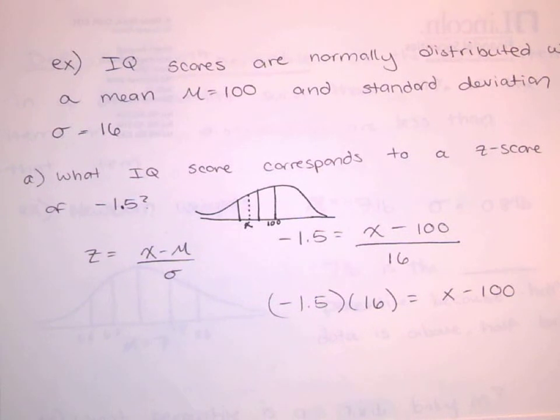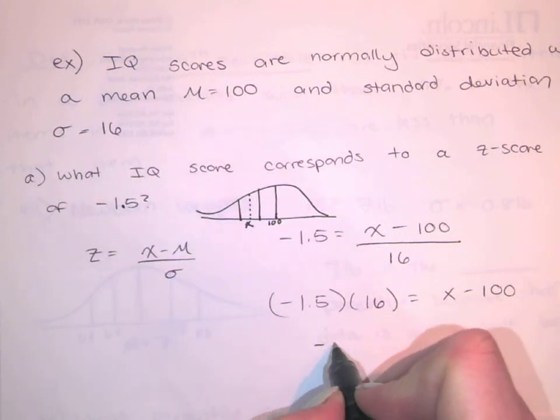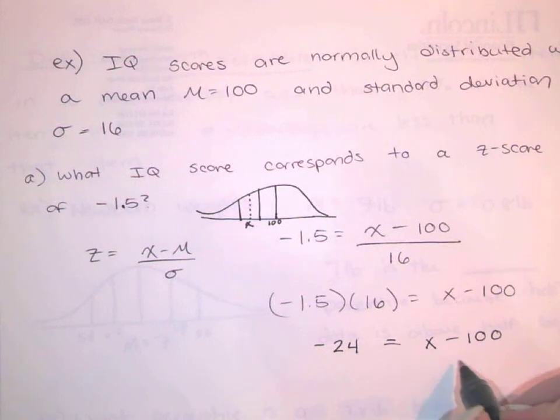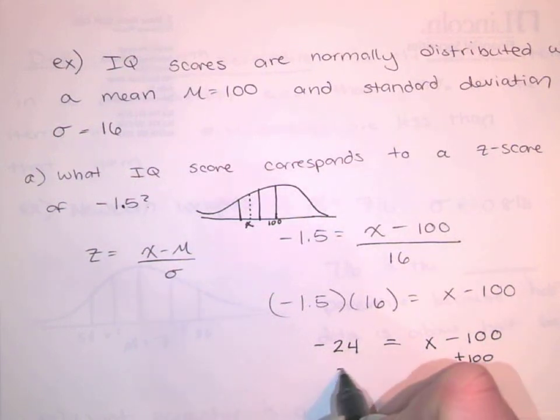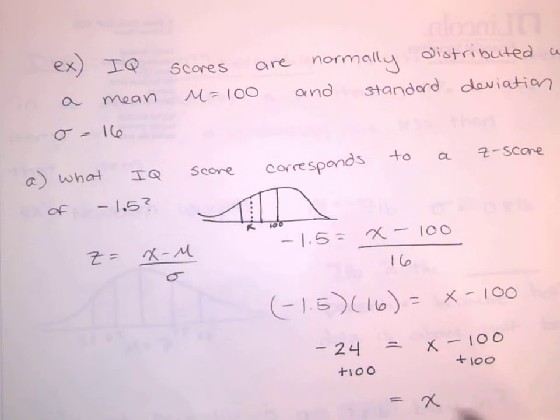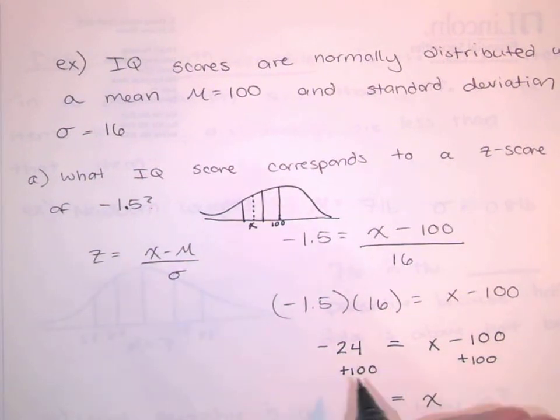Negative 24 is x minus 100. Now I can add 100 to both sides. So on the right-hand side I get x, and on the left-hand side negative 24 plus 100, or 100 minus 24, is 76. So an IQ score of 76 is 1.5 standard deviations below the mean.